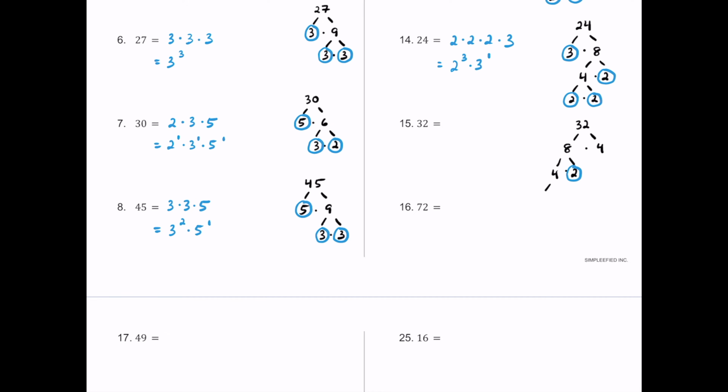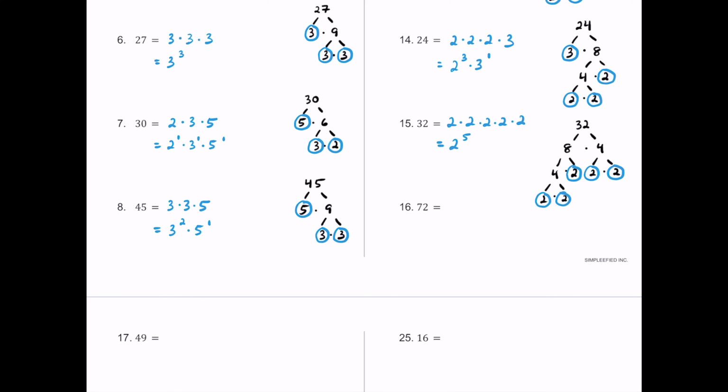So this 4 can be broken down into a 2 and a 2. Those are both prime. And this 4 up here can also be broken down into a 2 and a 2. And so we have lots of 2's for the number 32. All right, so we have 1, 2, 3, 4, and 5 2's. Using exponents, we can say that this is 2 to the 5th power.